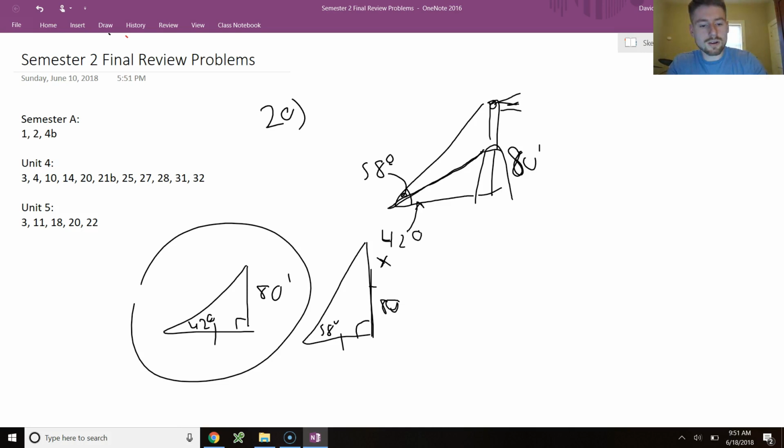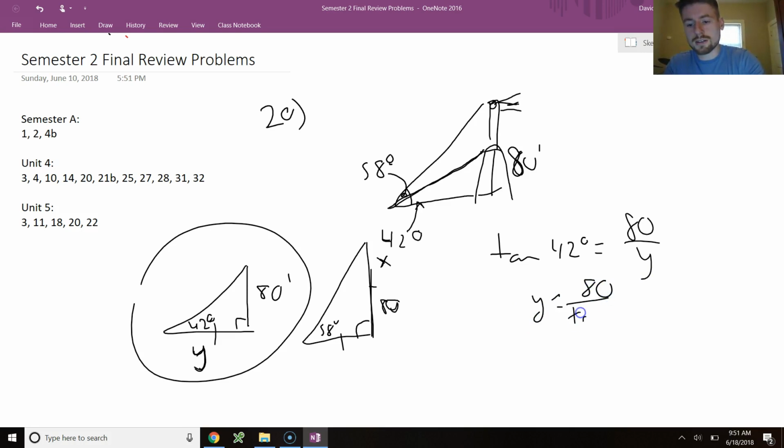So let's call this one y. I know we've got our x's and y's flipped around, but whatever. So we know that tan of 42 is equal to 80 over y. So y is equal to 80 divided by tangent of 42 degrees.